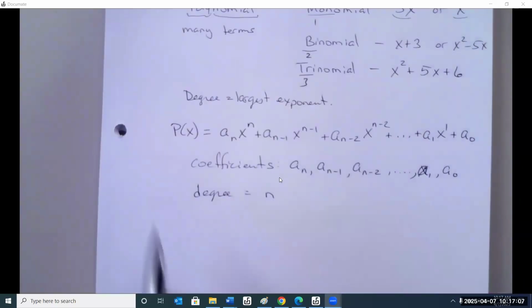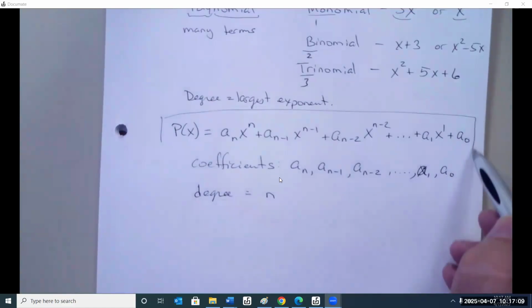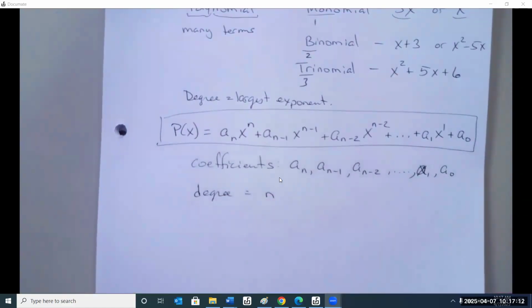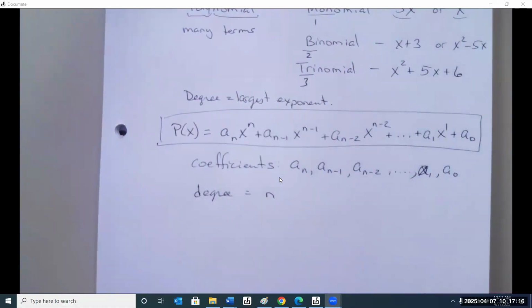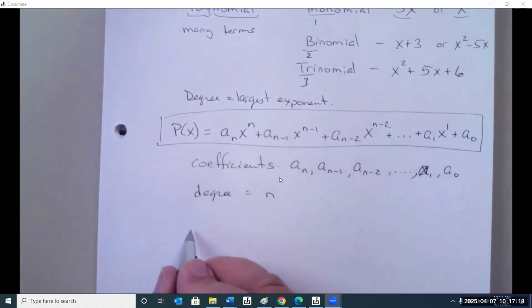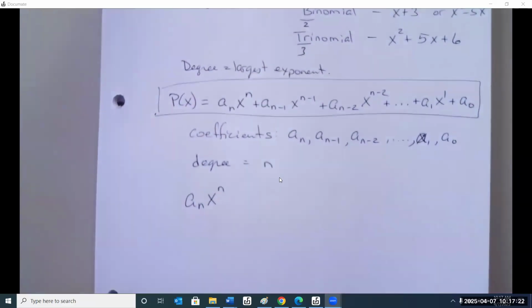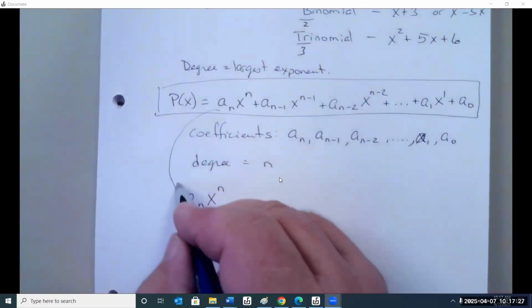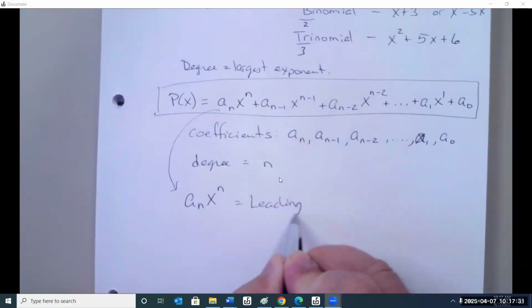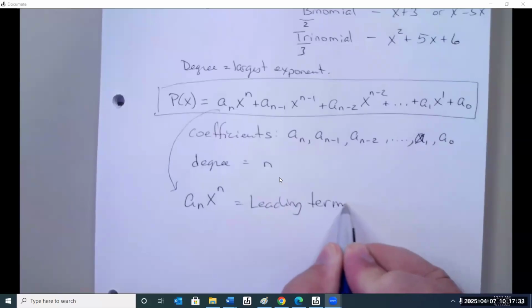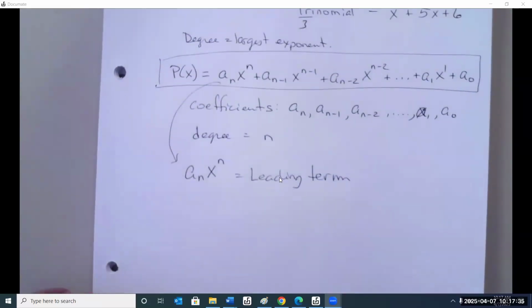Once you have a polynomial set up in decreasing order, always look at the exponents and set them up that way. The first term of your polynomial is called the leading term. It's the most important one.